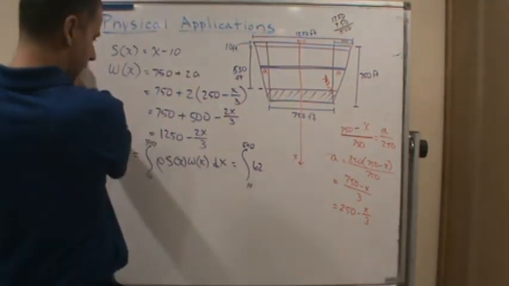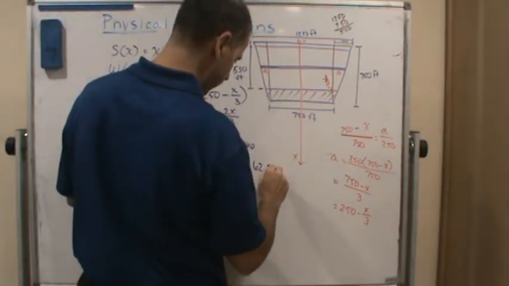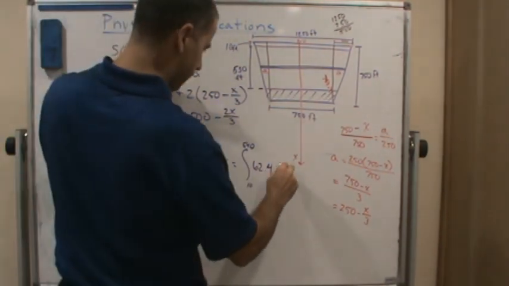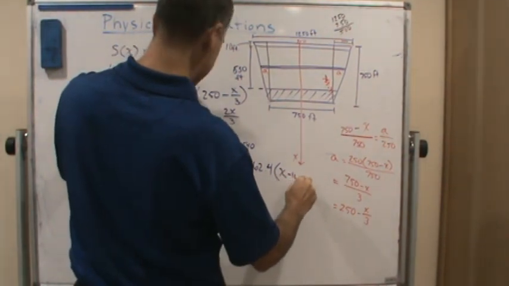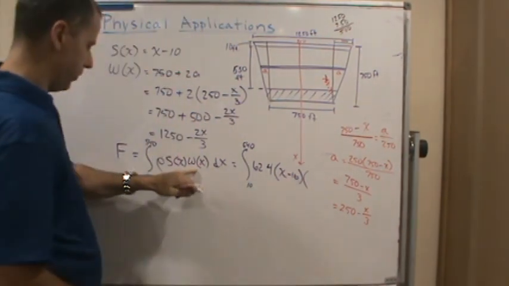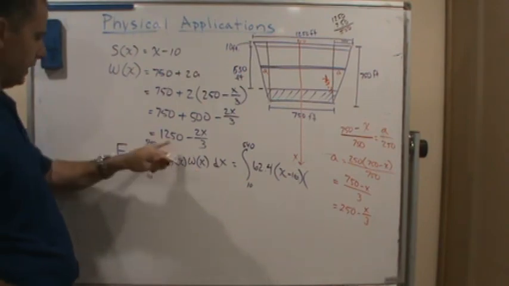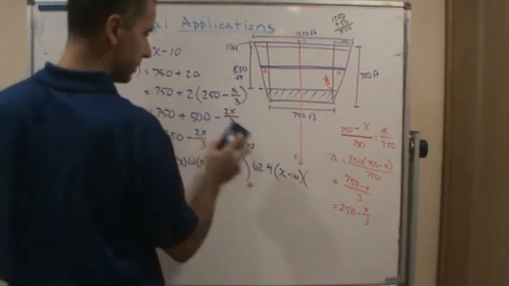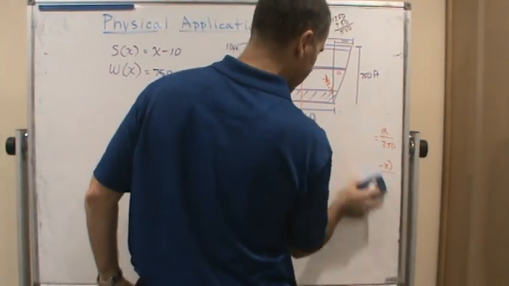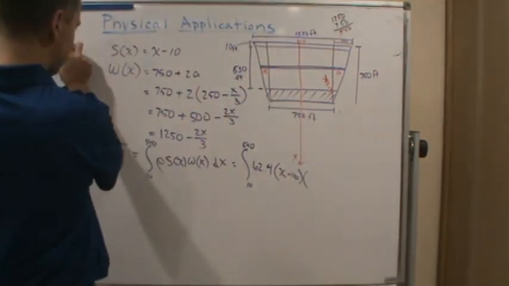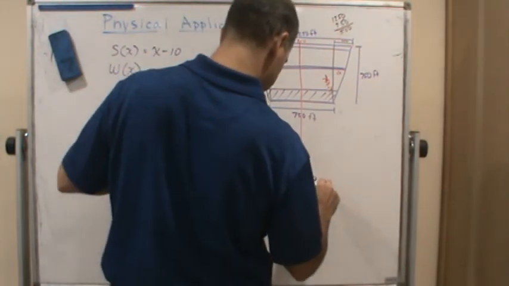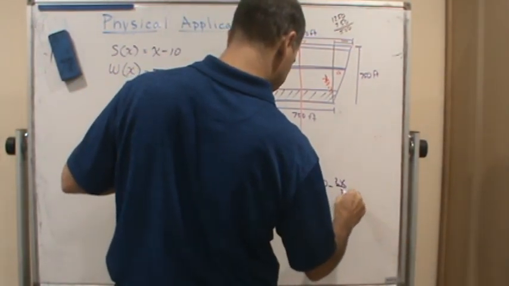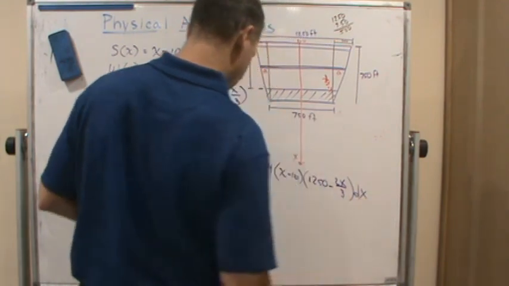Oh, I keep messing that up. Yeah, that's right, 62.4. And S of x is x minus 10. The width of the dam is this. Oops, so let me erase some of this. It's going to be 1250 minus 2x over 3 dx.